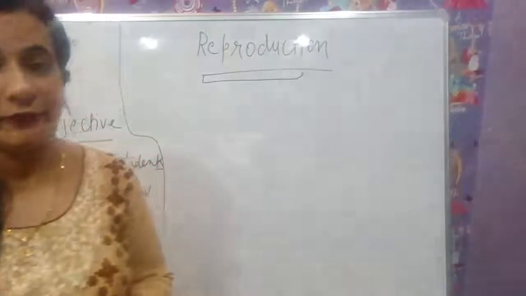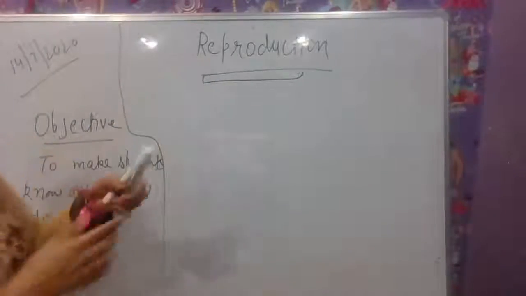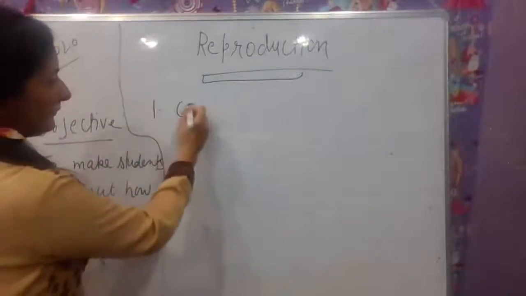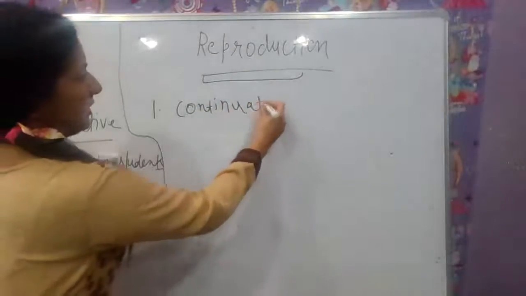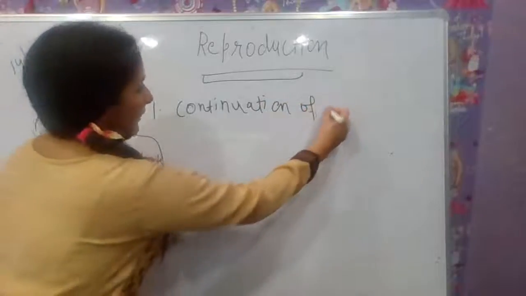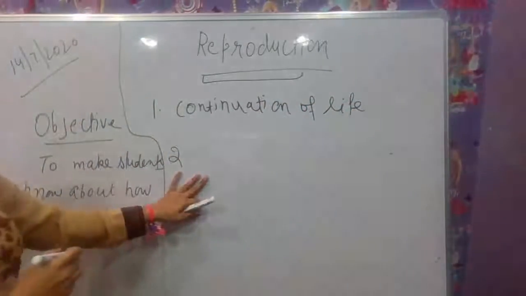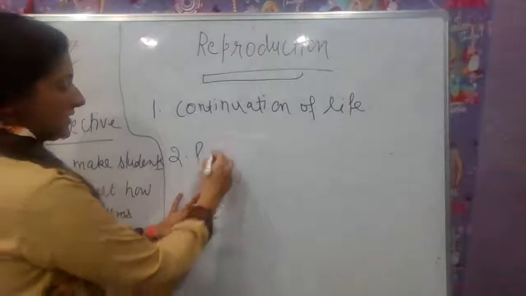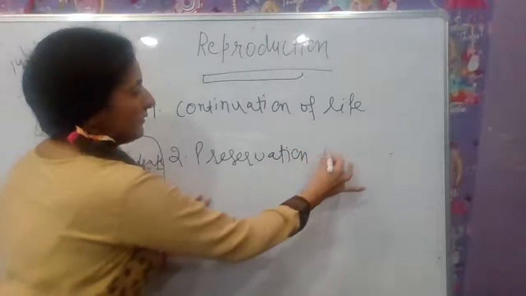Reproduction is very, very important. What is the need of reproduction? First is continuation of life. Second, preservation of species. I will explain all these in detail.